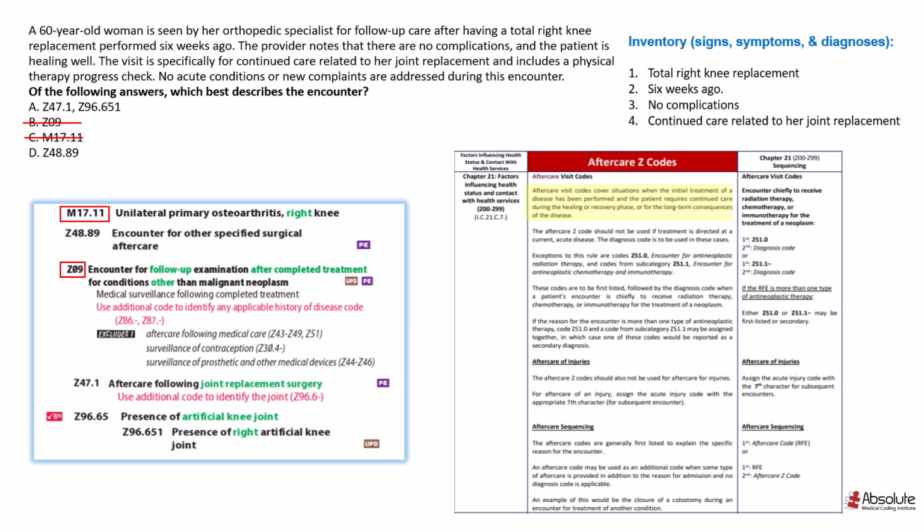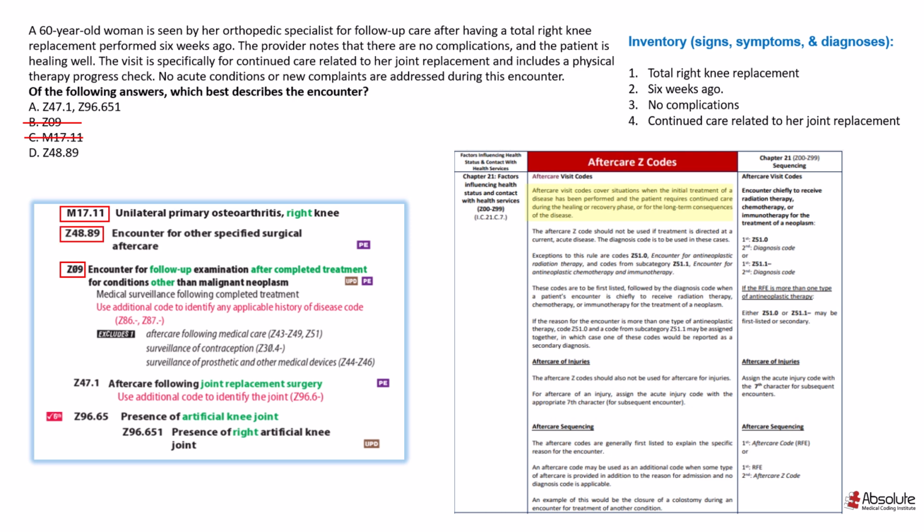And these follow-up codes are used to explain continued surveillance following a completed treatment of a disease. So when we have continued care, it is more appropriate to code aftercare codes and not follow-up care.